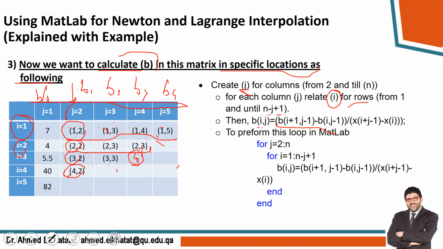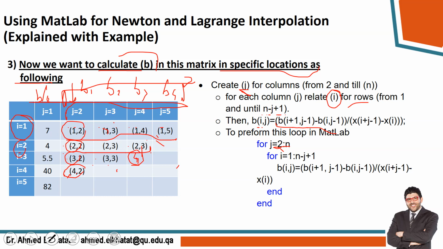To perform this loop in MATLAB, you can start with for j equal 2 to n, from 2 until the length of the matrix, and then relate.